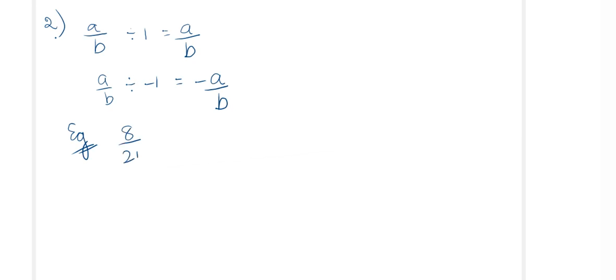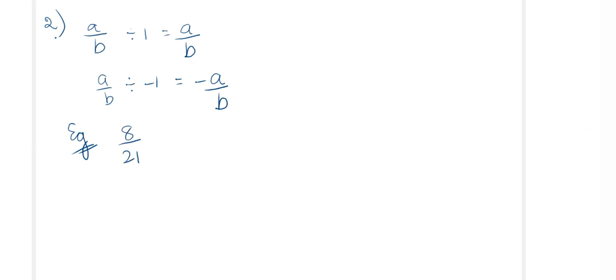The second property which we are going to discuss under division is, for any rational number a by b, a by b divided by 1 is equal to a by b, and a by b divided by minus 1 is equal to minus a by b. So we'll see an example. Suppose our a by b is equal to 8 by 21.